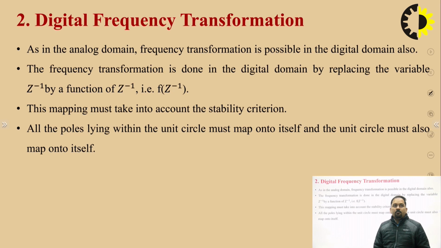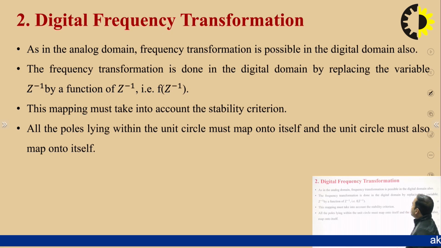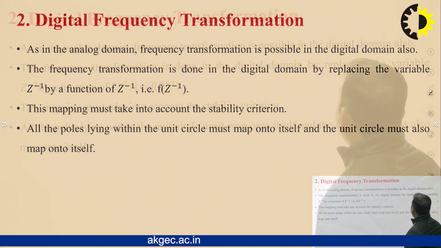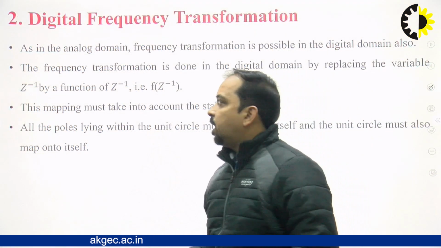Now we have the digital frequency transformation. As we have the analog frequency transformation, frequency transformation is also possible in the digital domain. The frequency transformation is done in the digital domain by replacing certain variables with the help of z inverse.